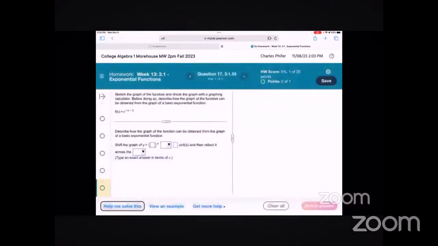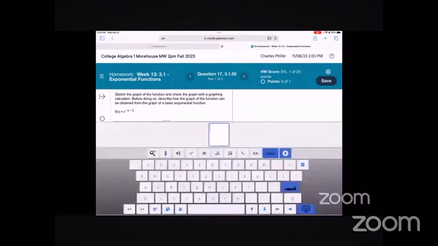Sketch the graph of this. So we have two manipulations at play here. We have an exponential function where we multiply the inside by a negative and we subtract 3. So shift the graph of e to the x.